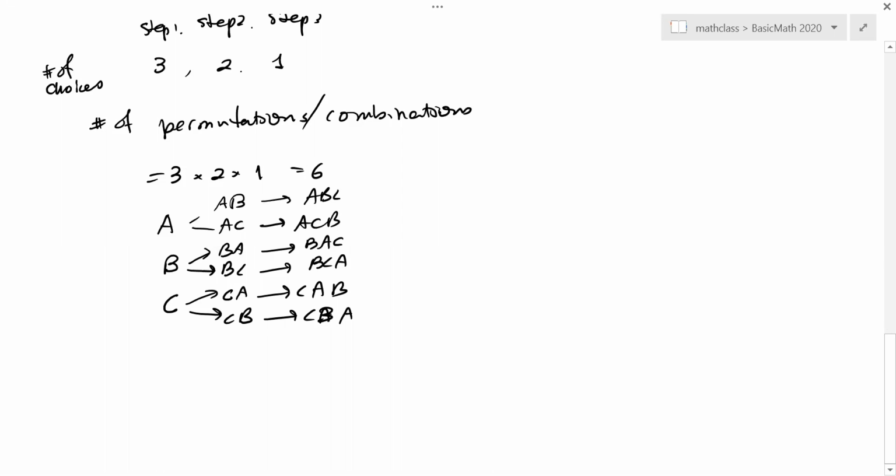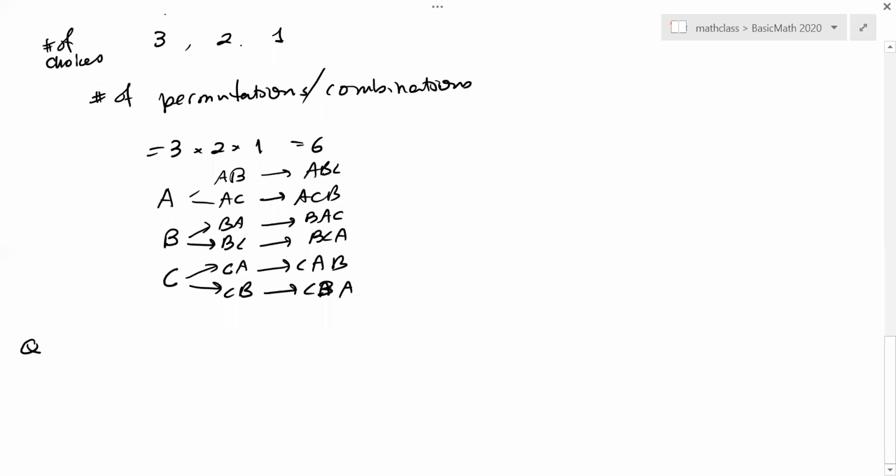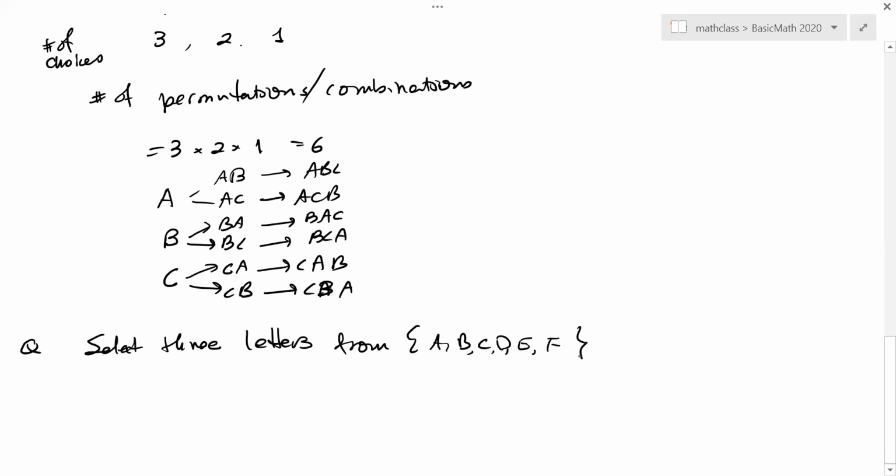All right. Now you have more letters, so you probably cannot write down all of them because there are just too many. What I'm going to do is select 3 letters from this group of letters, A, B, C, D, E, F, and put them in a row without repeating.